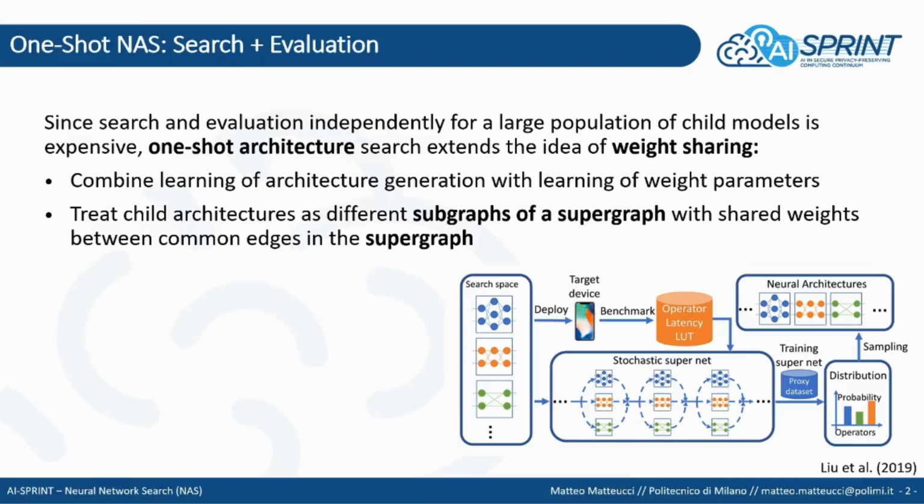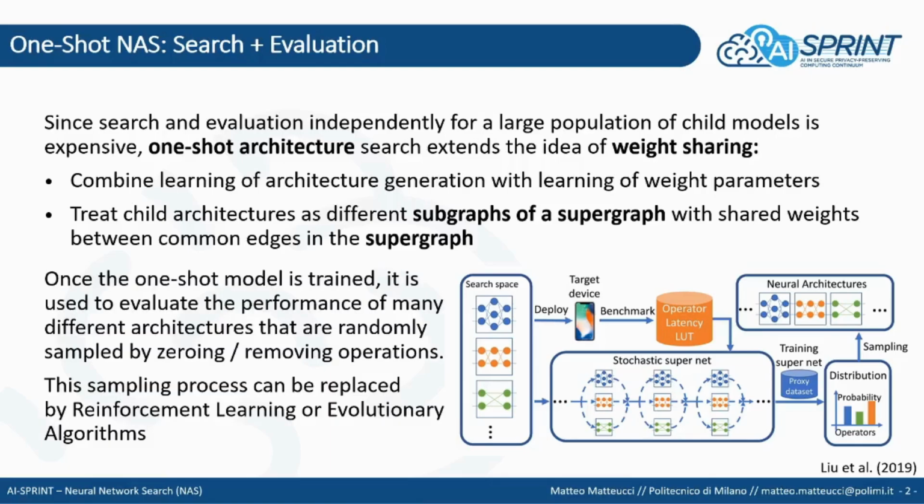And each time we decide to extract a piece of this bigger model, to train a piece of this bigger model, and to deploy a piece of this bigger model. By doing this, every time we train a piece of this model, we contribute to the training of the bigger model, and we can reuse part of the work for the next step. In particular, when this big model is trained, it can be used to evaluate any subset of it.